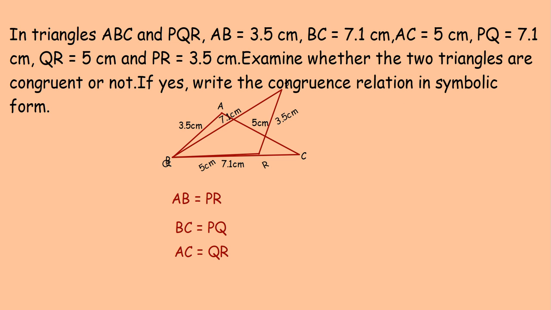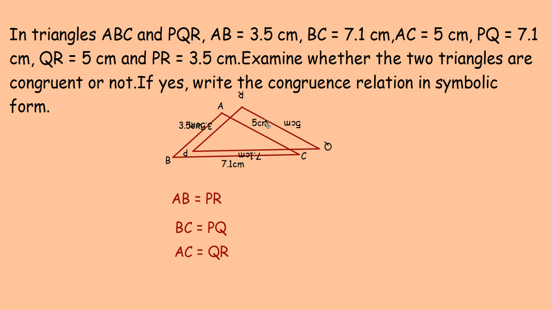No. We have to keep PQ on BC. Then you can see these two triangles cover exactly. So we have to write this AB will be on PR, BC will be on PQ and QR will be on AC.